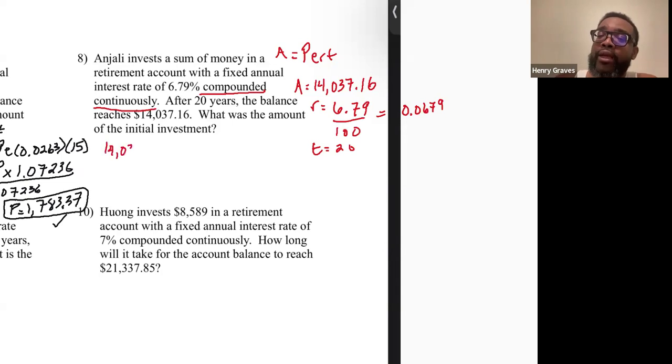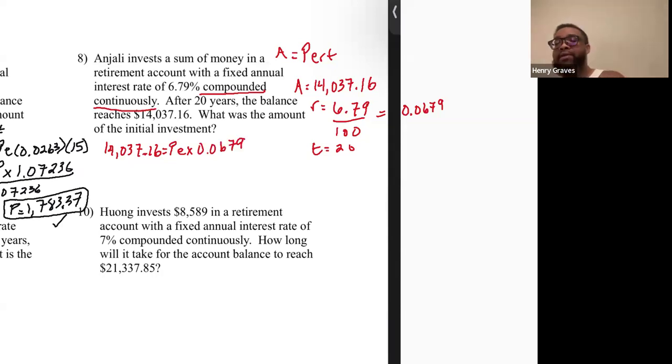14,037.16 is equal to P times E to the rate times time, 0.0679 times 20. So let's see what I get when I multiply 0.0679 times 20.